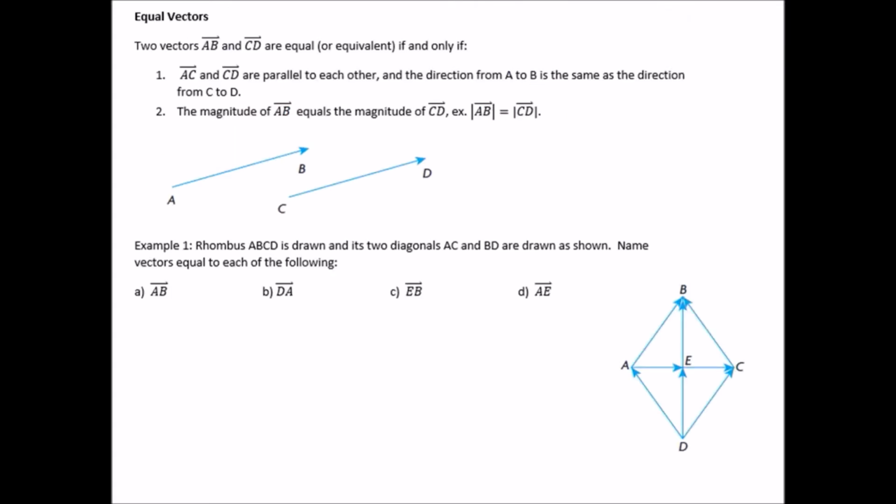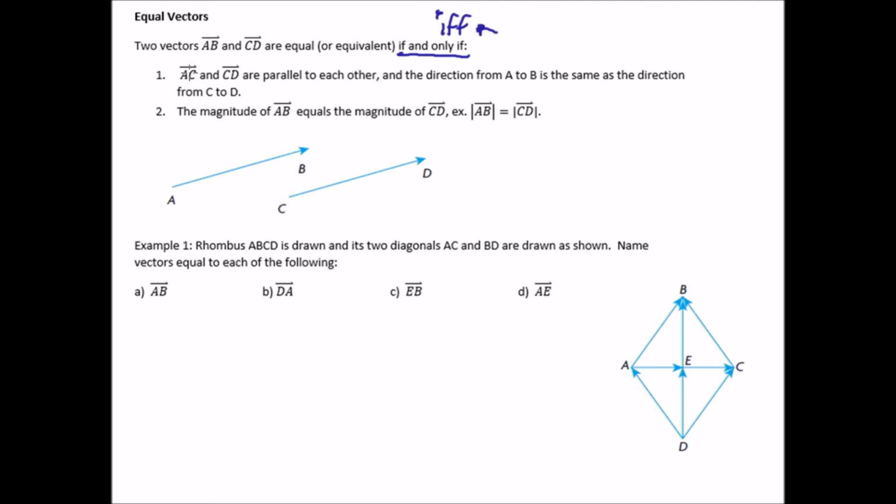Okay, so two vectors, let's just say AB and CD, are equal or equivalent if and only if. So this, if you take university math, you're going to see it written like this. This is not a typo. This just means if and only if.